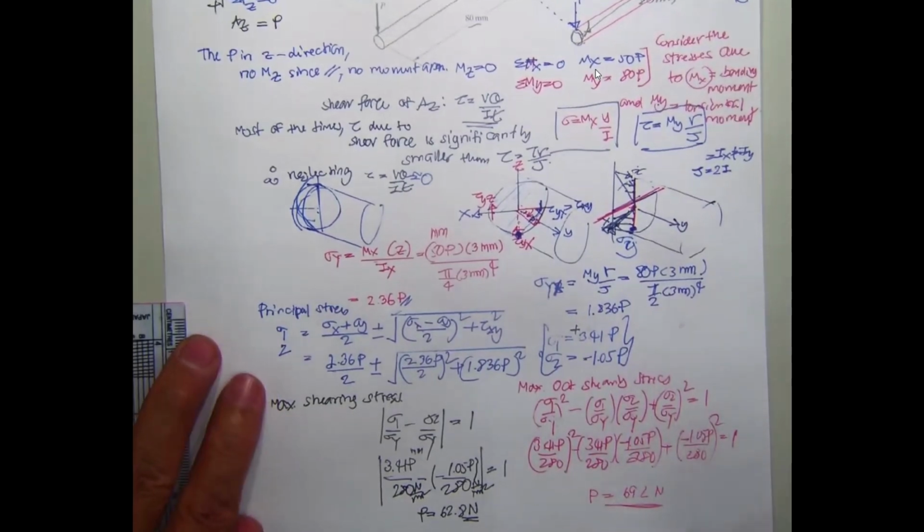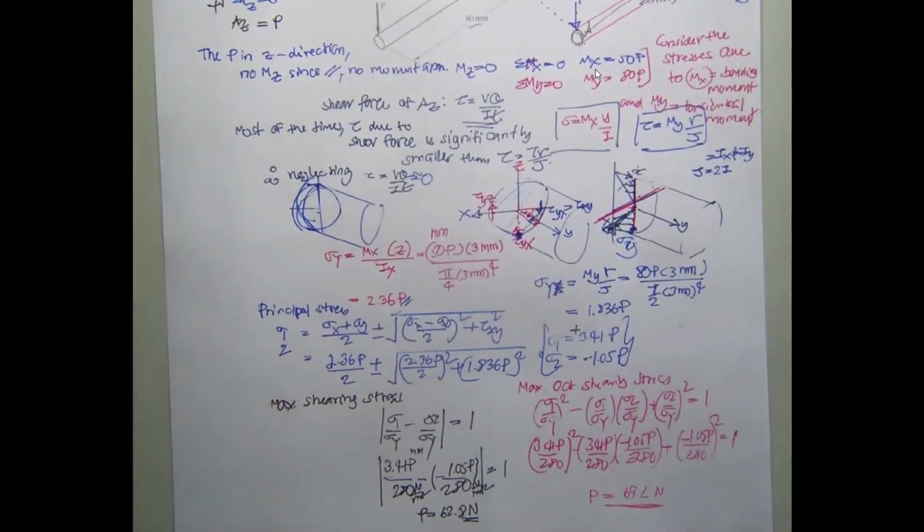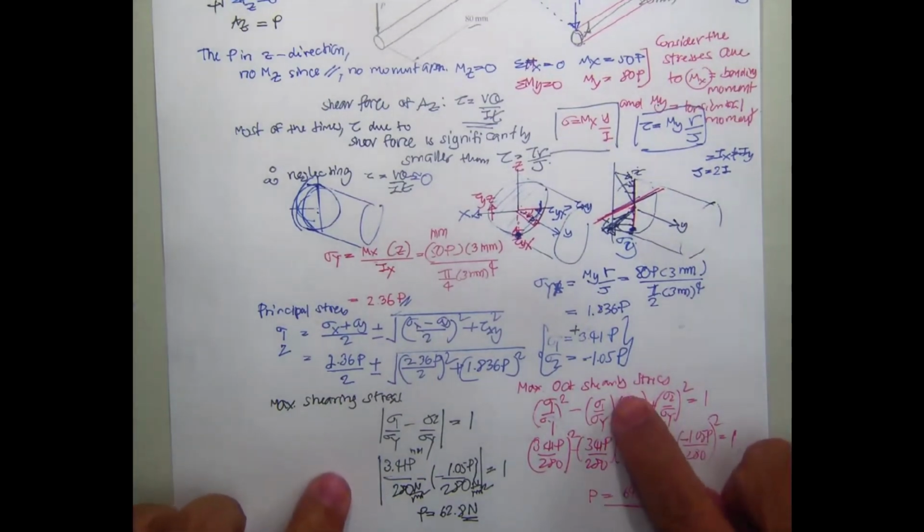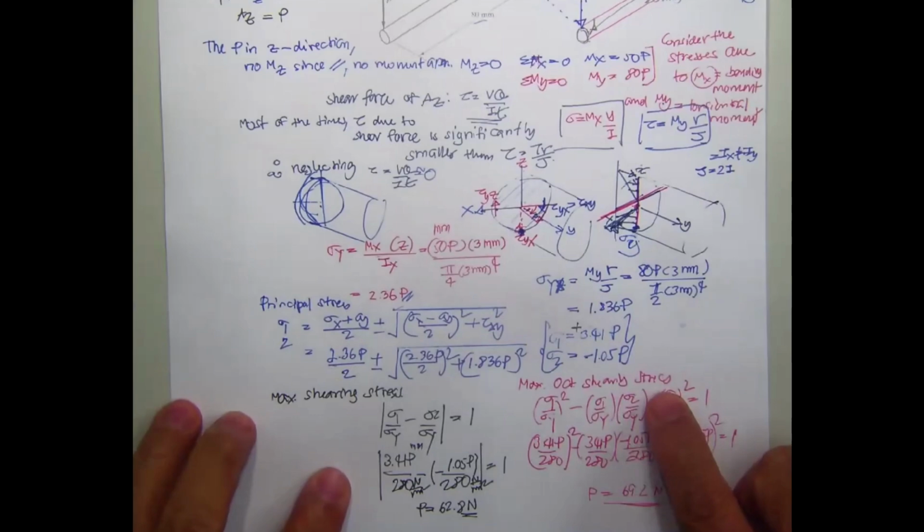That's quite a lot, Angelo. I don't know. How many points did you get on this one? Okay, and submit it to me later. I think something is wrong here. It's the same way. But how about the result? Distortion energy. You use the distortion energy, and the distortion energy and octahedral shearing stress are the same.